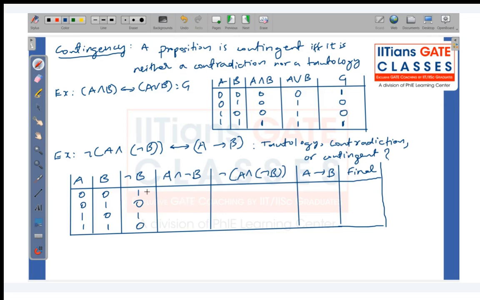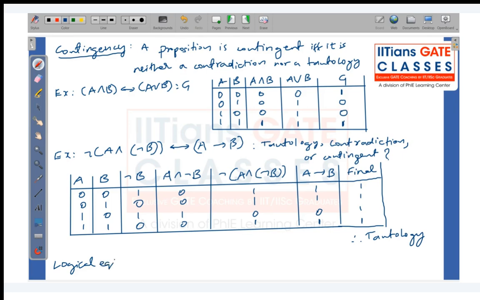Fine, I'll come to that in a minute. So A and B: 0 0 0 1. Right. Negation of this: 1 1 1 0. A or B is also 1 1 1 0. And since these two are equal, this biconditional will give me all ones. Therefore, it's a tautology.